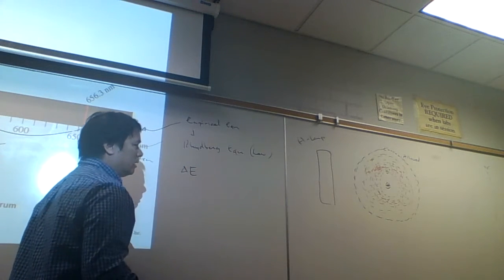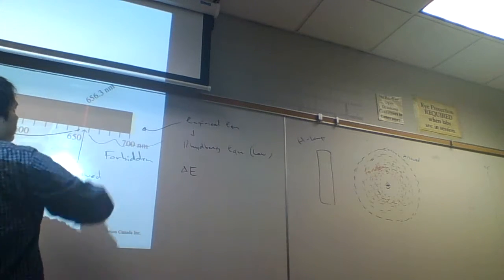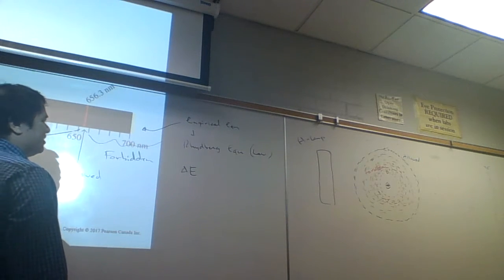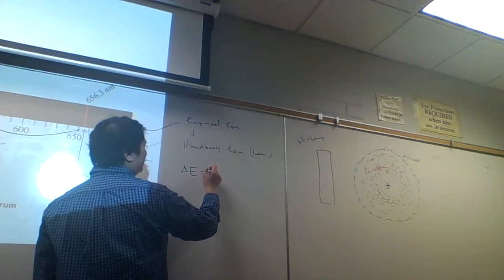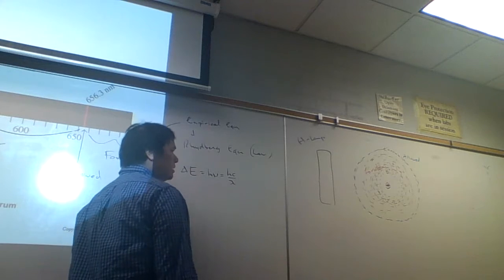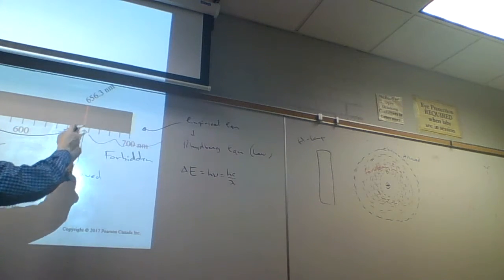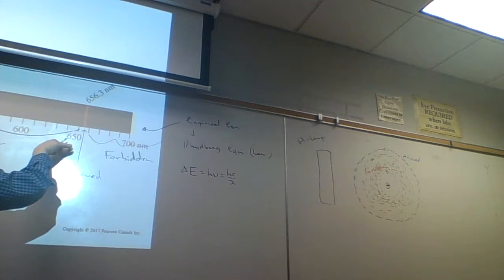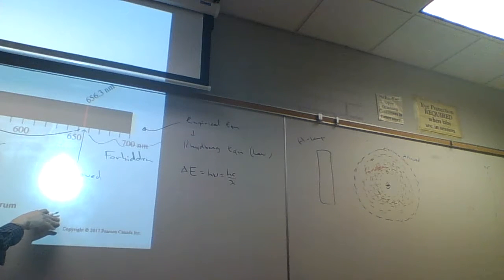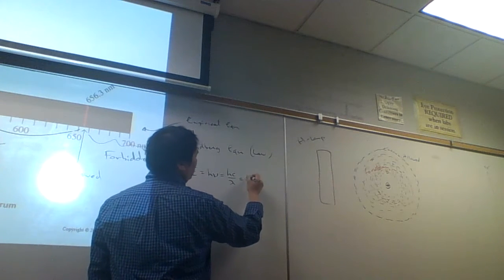When we look at the energy changes, which would be this 656.3 nanometers, delta E is going to equal h nu, which is equal to hc over lambda. The energy changes are going to come from how this red photon is being emitted. The red photon is being emitted because the electron's at higher energy and then drops down to lower energy. This is just E of the photon.